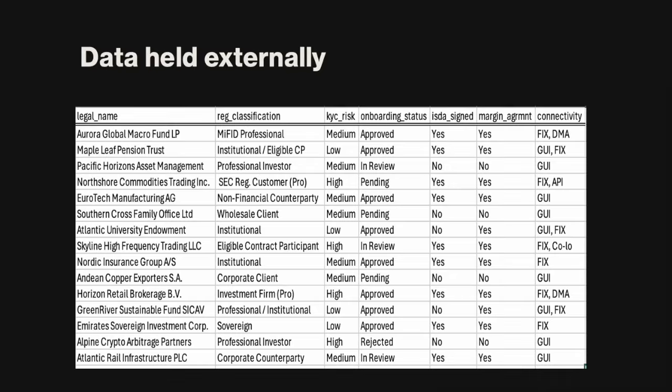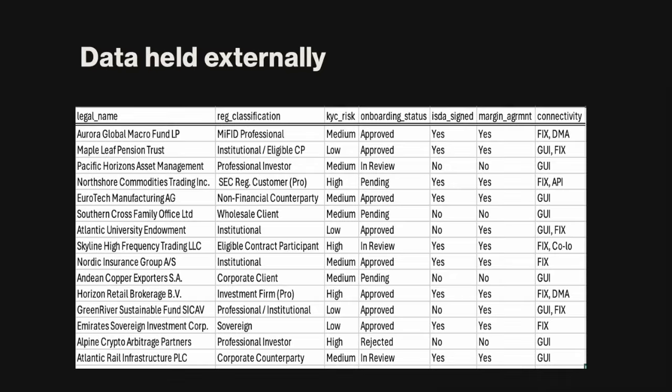ISDA signed. ISDA, of course, refers to the International Swaps and Derivatives Association. Flag indicating presence of an executed ISDA master agreement, yes or no. Margin agreement, flag indicating whether a margin/CSA agreement is in place, yes or no. Connectivity, approved connectivity options: GUI, FIX, DMA, API, COLO, multi-select.